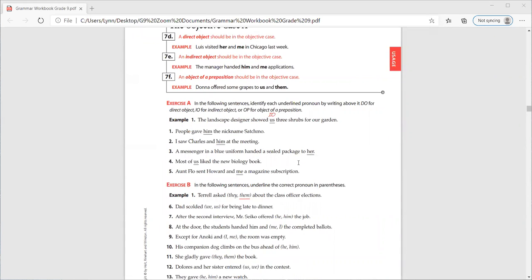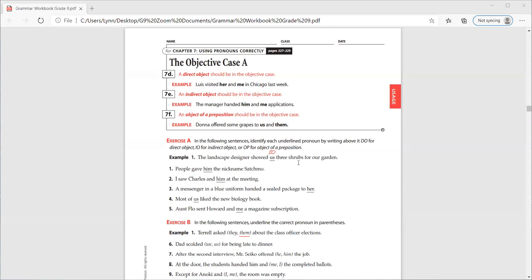Okay, let's go to page 141, the objective case. A direct object should be in the objective case. Example: Louis visited her and me in Chicago last week. An indirect object should be in the objective case.